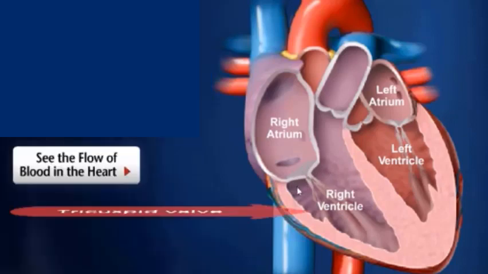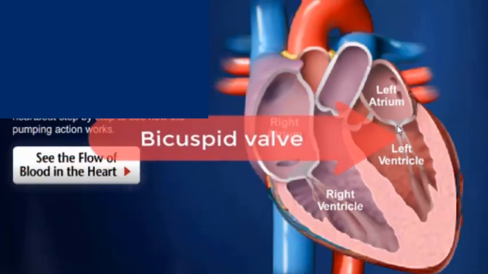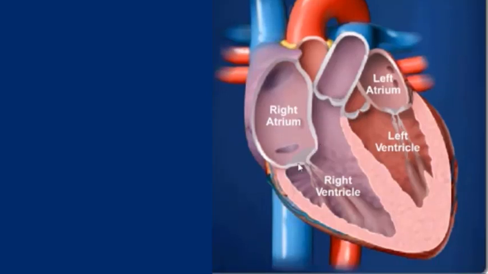This one is called tricuspid, and this one is called bicuspid valve. We have also right here at the base of our arteries, the pulmonary artery and the aorta, some valves.